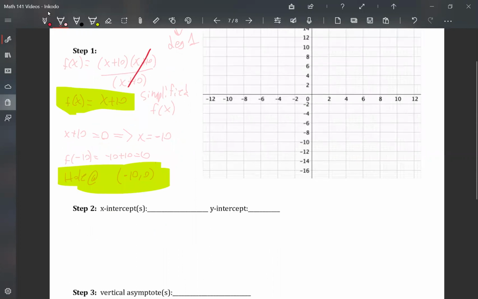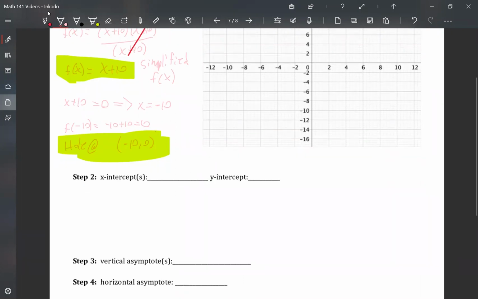Well, we can see from here, from the hole, that the y value is 0 at x equals negative 10. So for x plus 10, there's an x-intercept at negative 10. However, the original function is undefined at negative 10, ergo, why we have a hole. So what that means is that holes override x-intercepts.